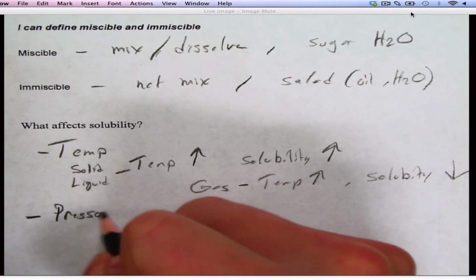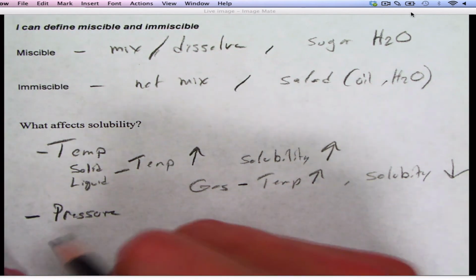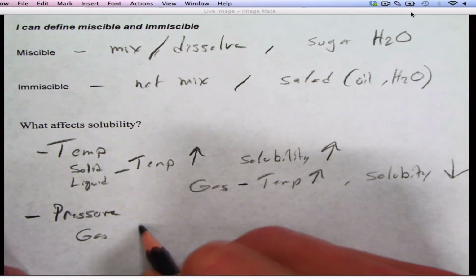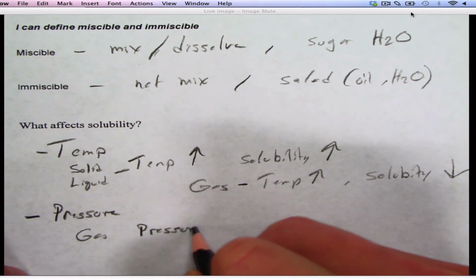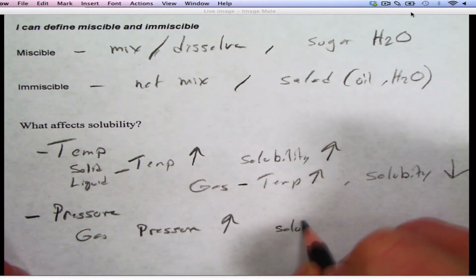Another thing that can affect solubility would be the pressure. In other words, the pressure around you, like the pressure you get when you dive deep into the ocean, or the lack of pressure if you go high up in the atmosphere. For gases, as the pressure increases, so too does the solubility.